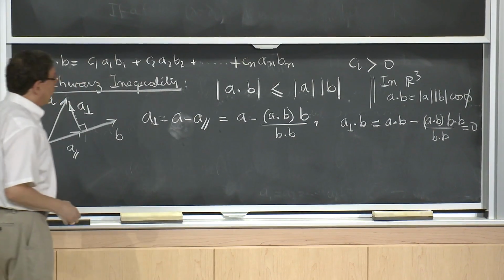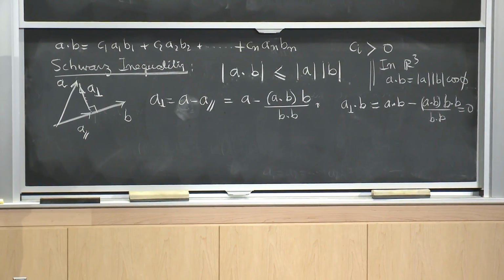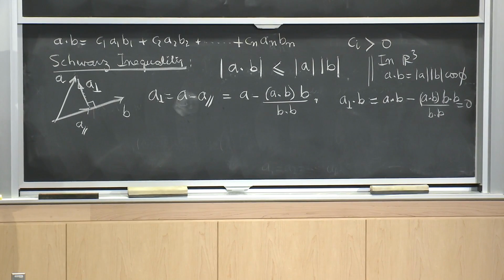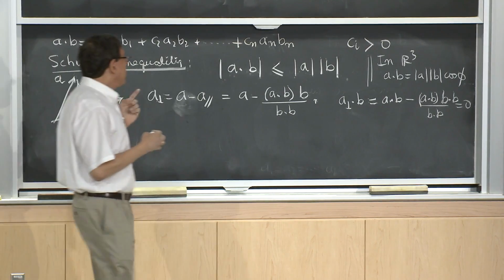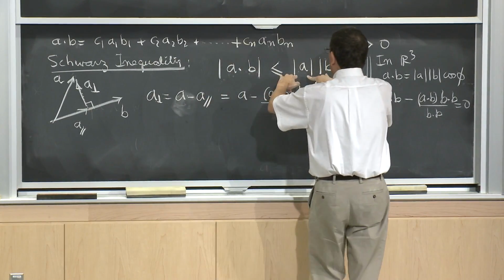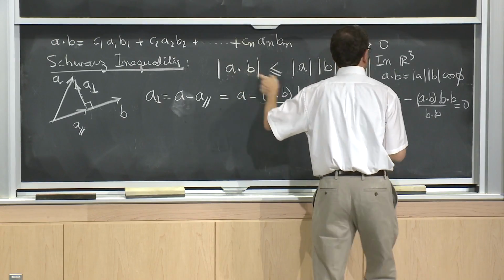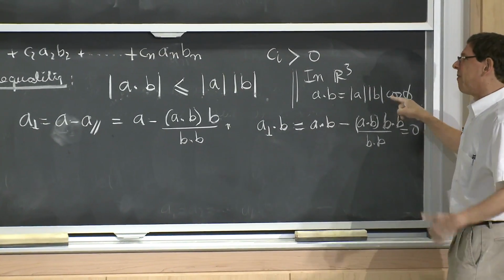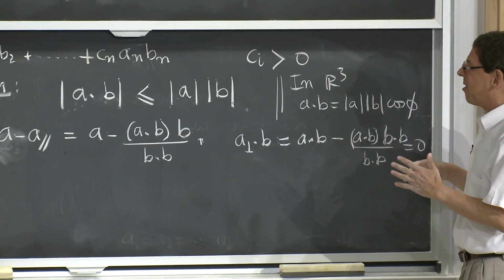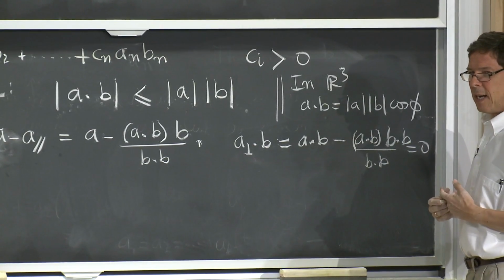Now, this is an interesting vector, A perp. It exists. And the reason this inequality is an inequality is because A and B form an angle. If A and B didn't form an angle, you would get an equality.